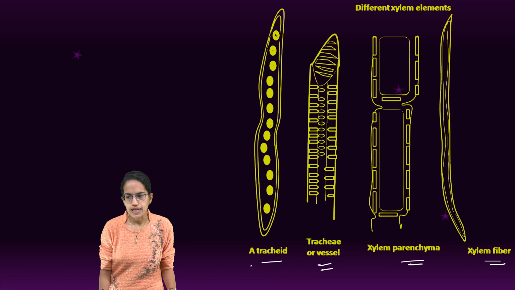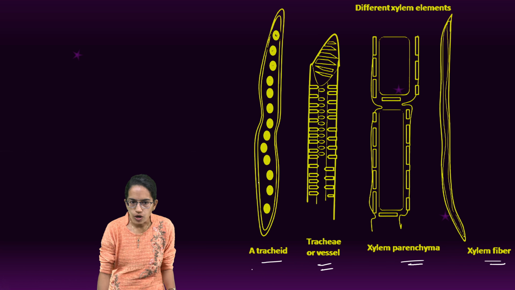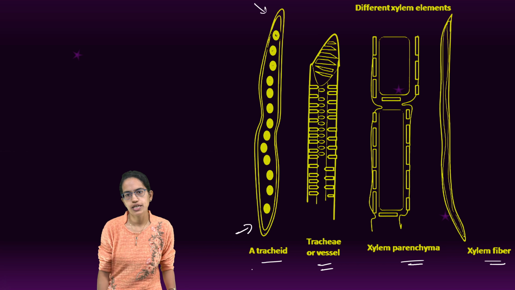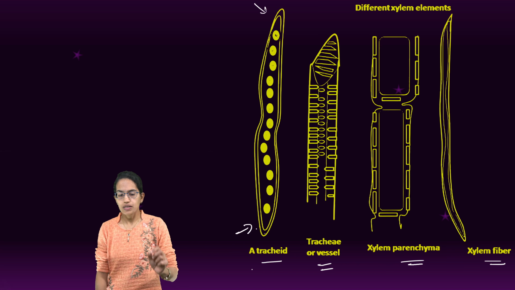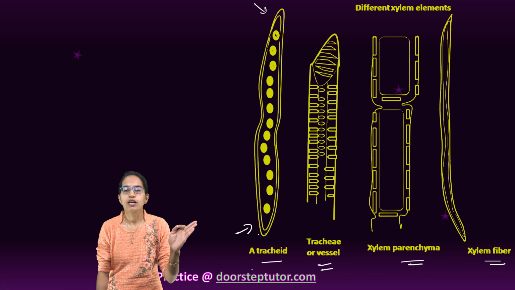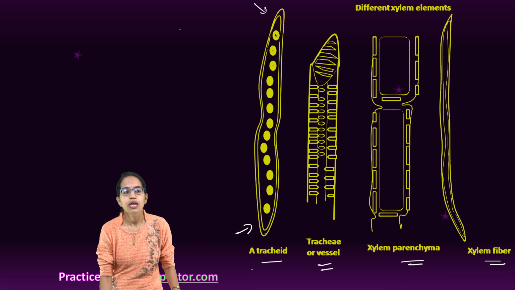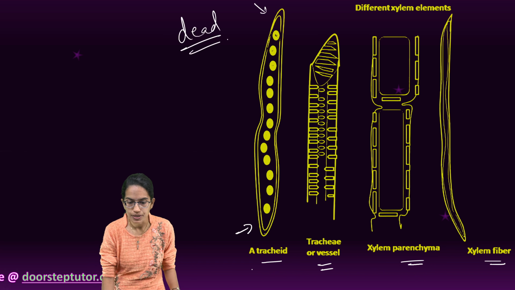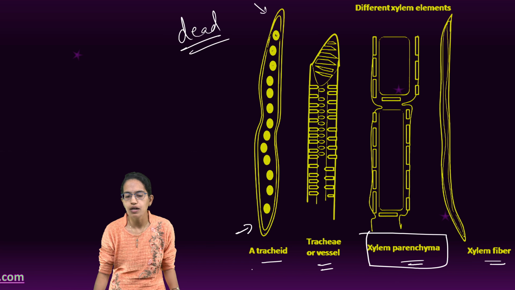So xylem tracheid is what? They are elongated dead cells. As you can see, they taper at both the ends. Very important. All forms of xylem are dead except xylem parenchyma, which is living. Very, very important.